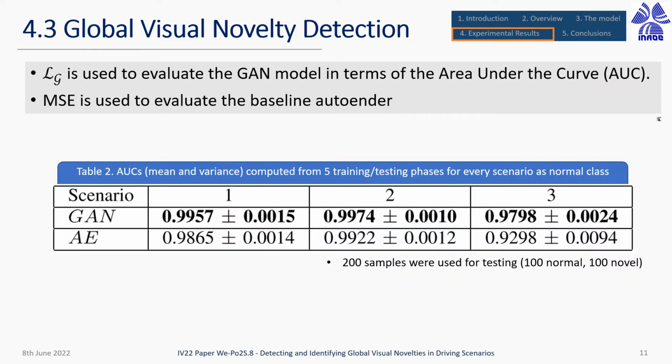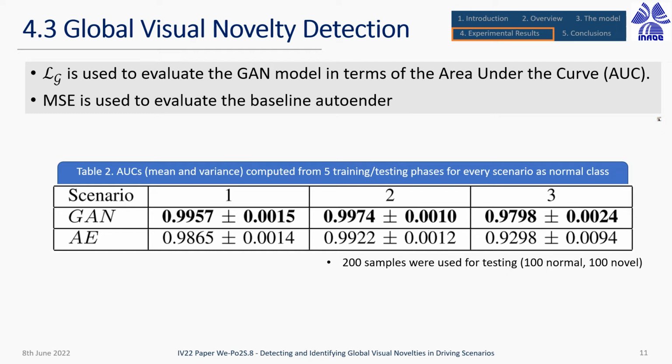Table 2 summarizes the results for the 3 driving scenarios in terms of the AUC computed from 5 training-testing phases. The AUC is computed based on the generator loss equation of the test dataset. A baseline autoencoder is used for comparison. AUC is based on the mean square error in this case.